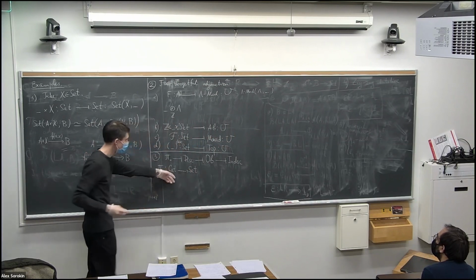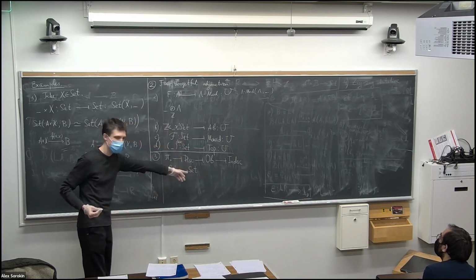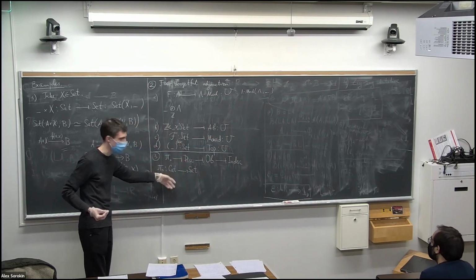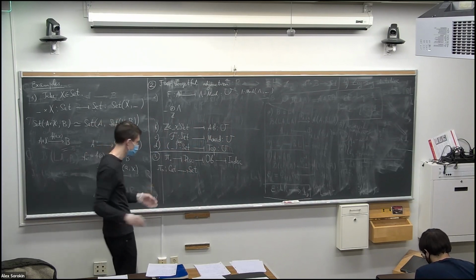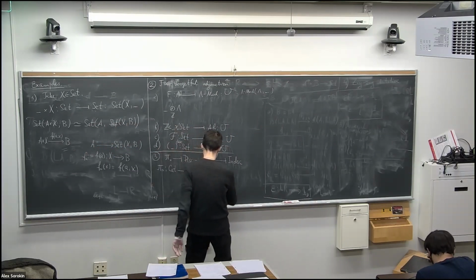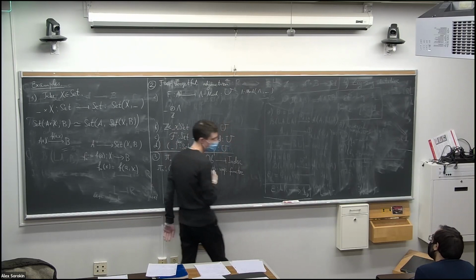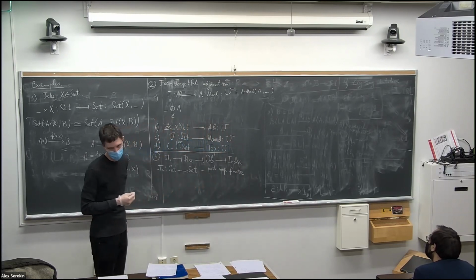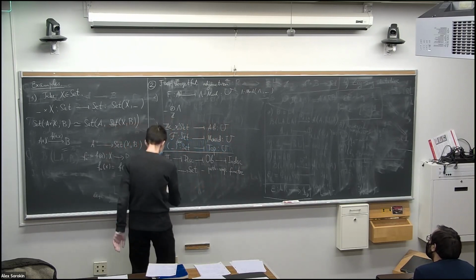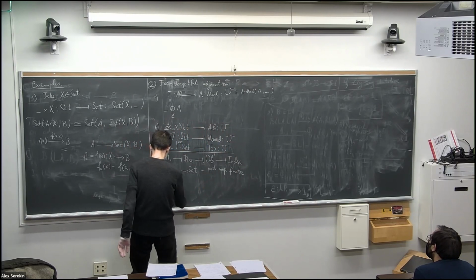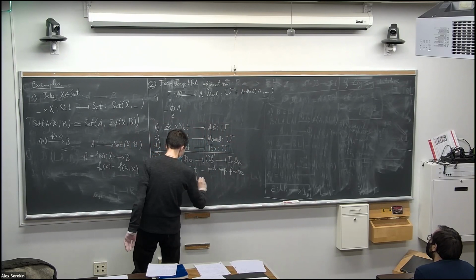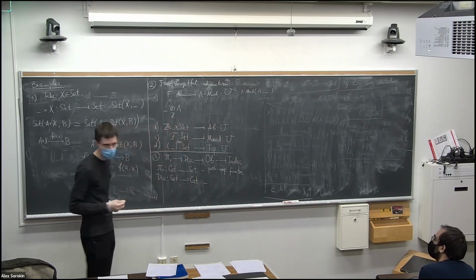It takes a small category to the set of its path components. If you are doing homotopy, it's the zeroth homotopy group. Then discrete is going from set to Cat. Discrete category functor.